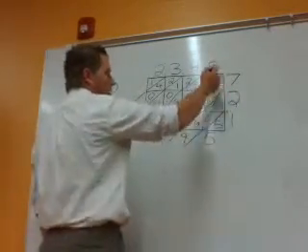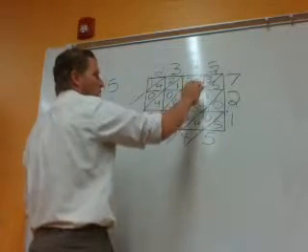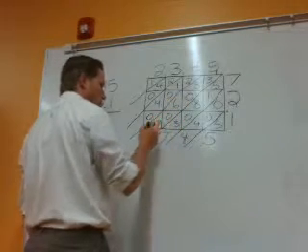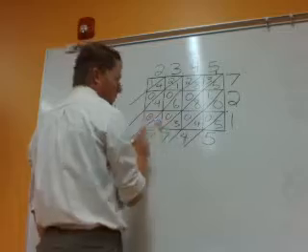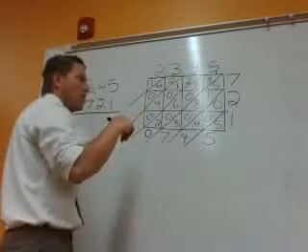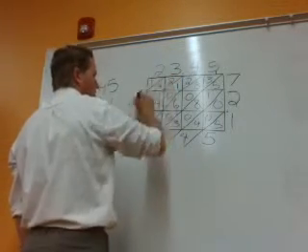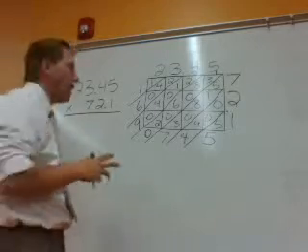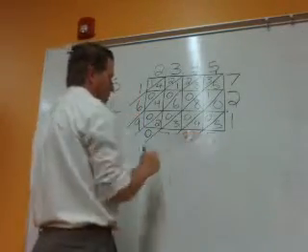So now as I go to add this column, I already have 1 plus 3 is 4, plus 8 is 12, 6 is 18, 2 is 20. That means I put the 0 here and carry the 2 into the next column. 5 plus 4 is 9, 6, and 1, okay? So I have my answer here, okay?